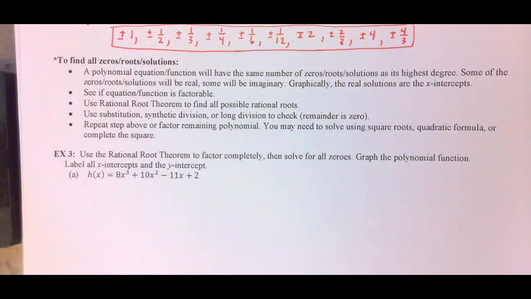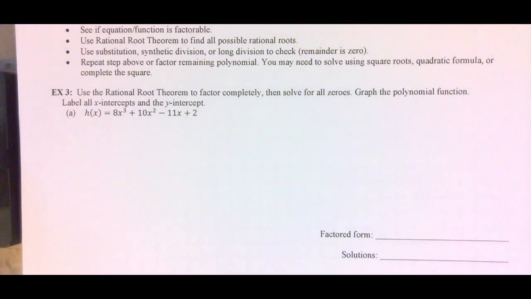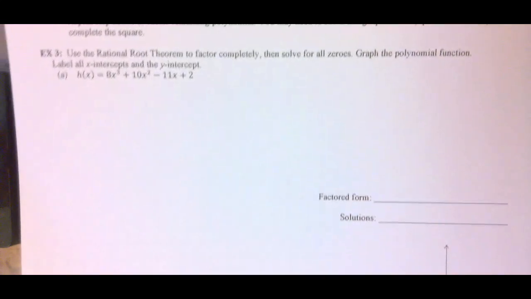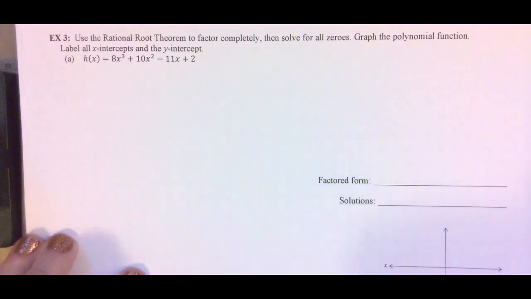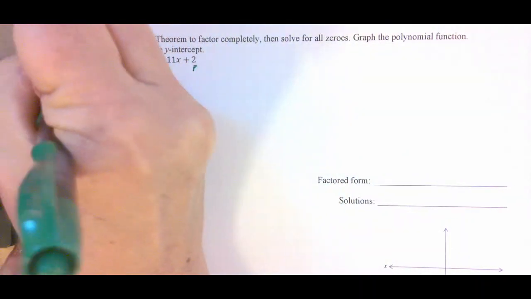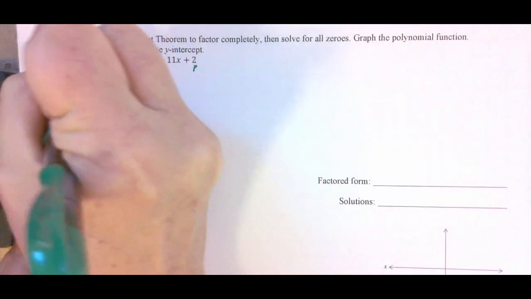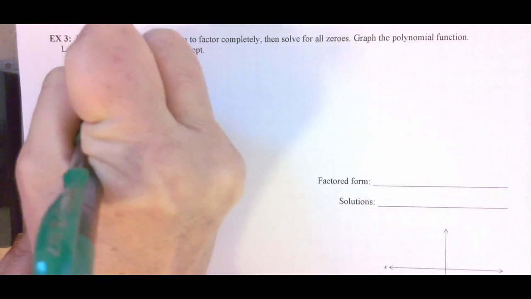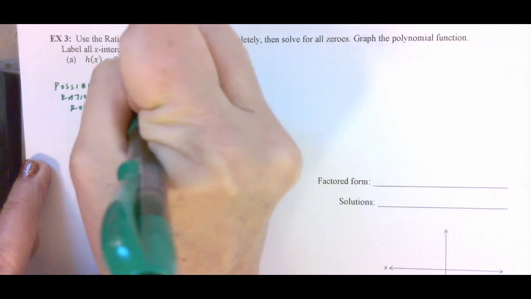All right, so here first up, use the rational root theorem to factor completely, then solve for all zeros, graph the polynomial function, label all x-intercepts and the y-intercept too. So let me slide that up. All right, so first up is just making my list of the possible rational roots. Remember that this is the p, this is the q. So if I'm looking at my list of possibilities, all right, so possible rational roots, I'm looking at plus or minus p over q.